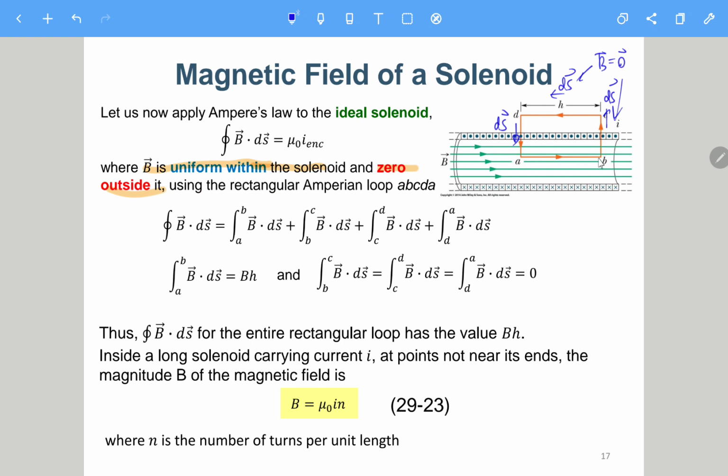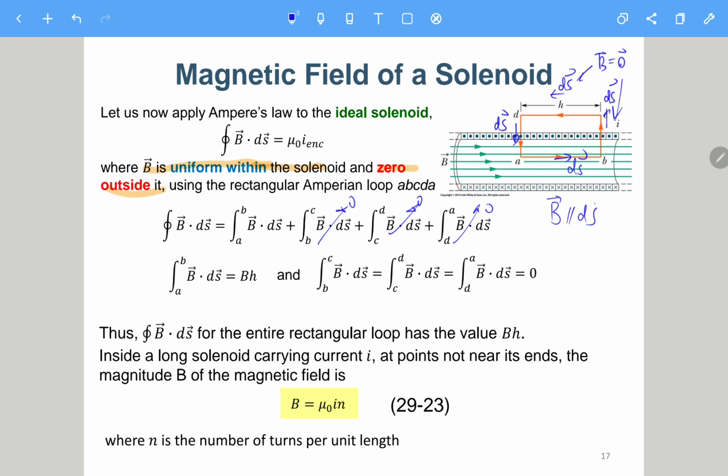As I mentioned, from B to C, C to D, and D to A, they are all 0. So the only remaining term is this one, the integral of B dot ds from A to B. B is parallel to ds: ds is pointing to the right side, and B is also pointing to the right side.